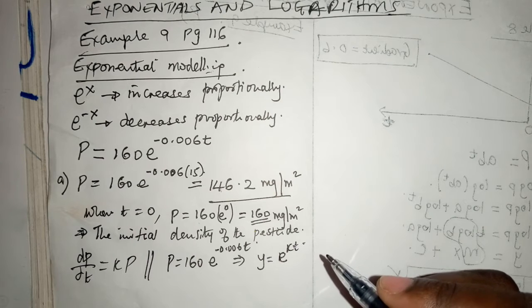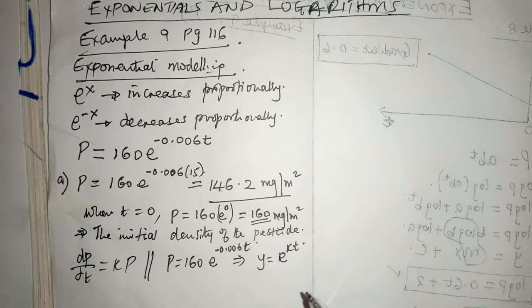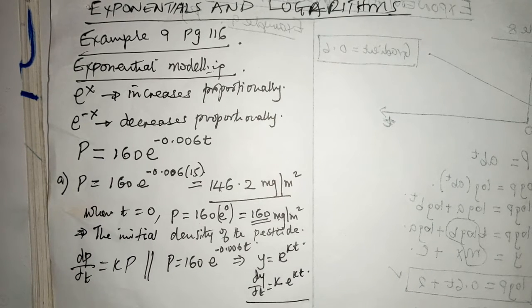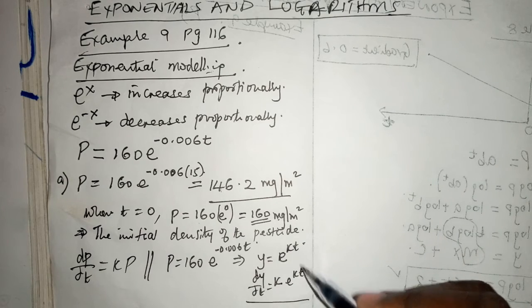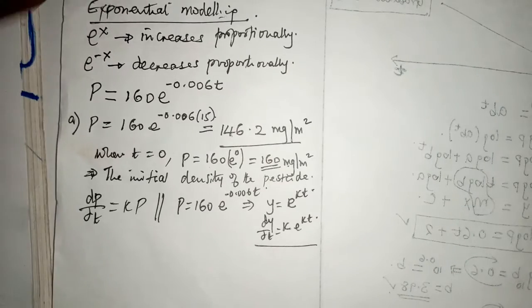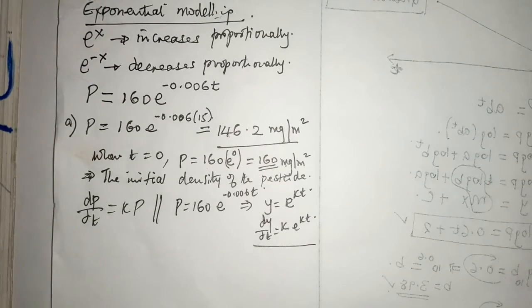And we know, according to what we understood in the previous video, that here dy/dt is k e^kt, and that is what we need to remember. Well, you can substitute t with x, but it doesn't really matter. Both of them are variables and they can do the same job.